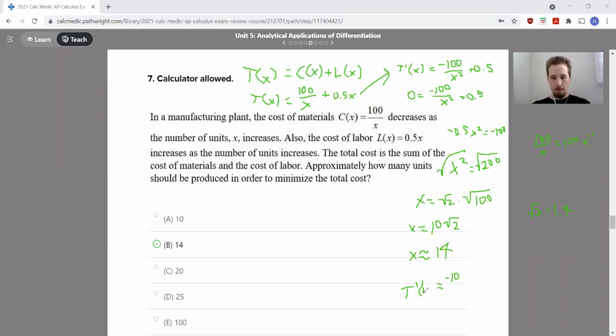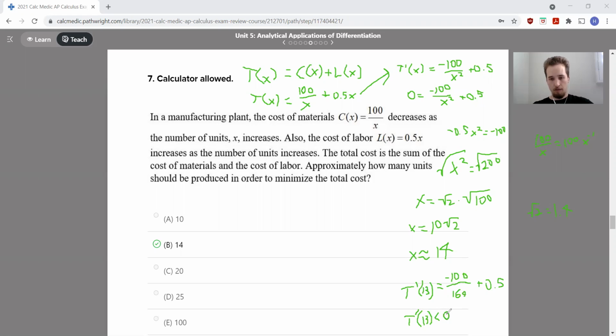If you test t prime of 13, we get negative 100 over 13 squared, which is 169, plus 0.5. Well, you can put this into a calculator, and this is less than negative 0.5, so this turns out to be t prime of 13 is less than 0.